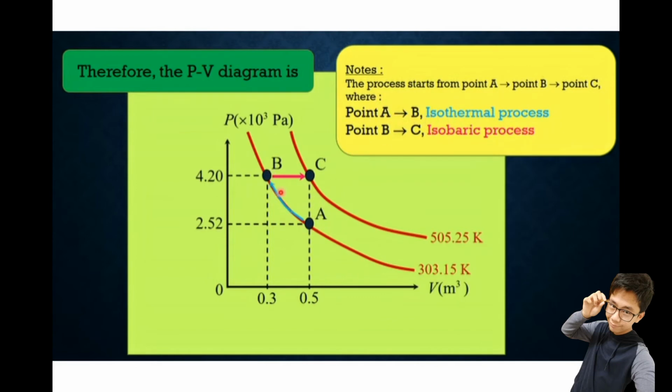We can see over here, as I mentioned earlier, temperature does not change, so it lies on the same temperature line. And then point B to C is isobaric process, which by isobaric it means that the pressure is constant.